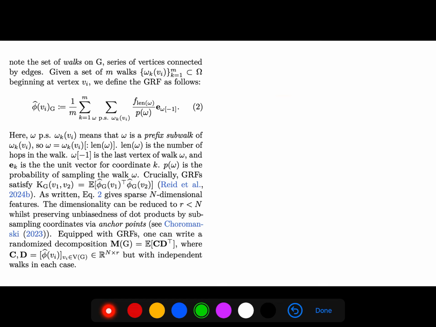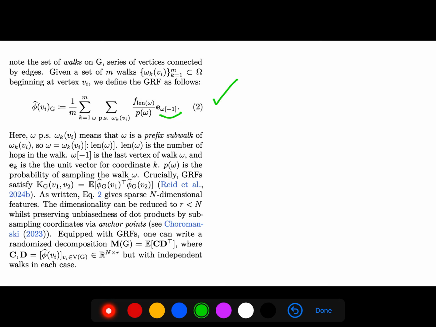So this is our graph random features that you are familiar with from the previous videos. The same thing. So we define these graph random features. Omega is a prefix subwalk of omega of v sub i. This length is the number of hops of the walk.